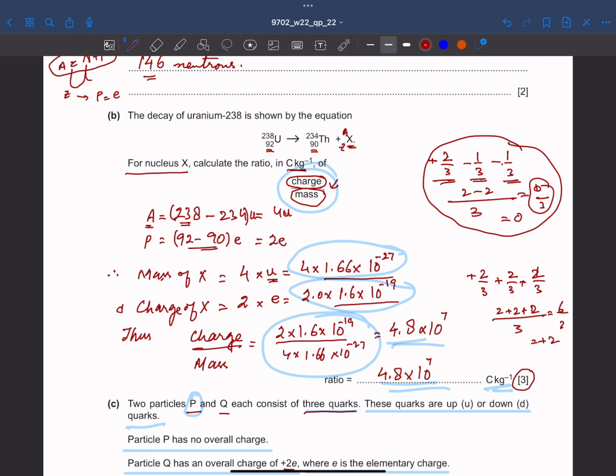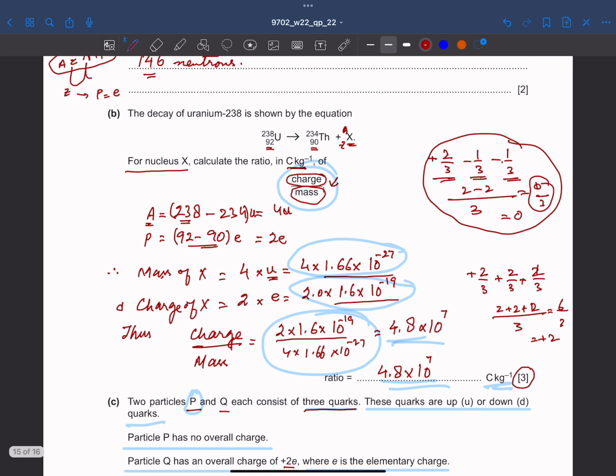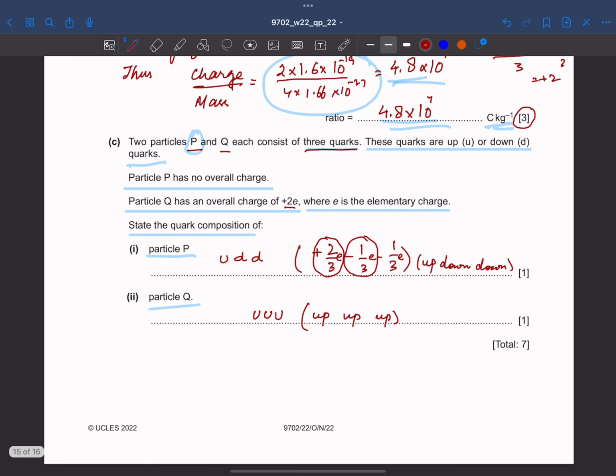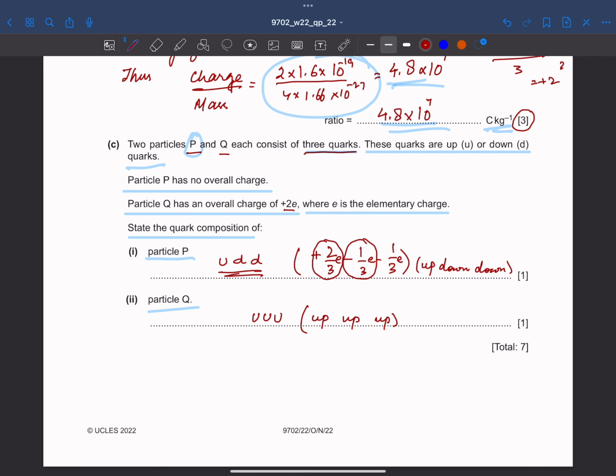So the charge of P is 0, so that's why you need these ratios, and ultimately what you have is up down down. So simply you can write here up down down. This is the composition of your quark P.